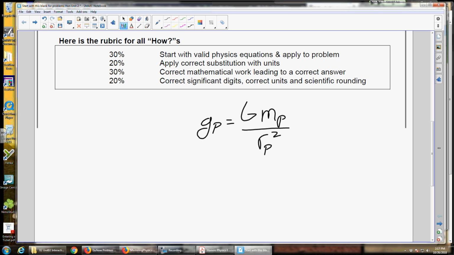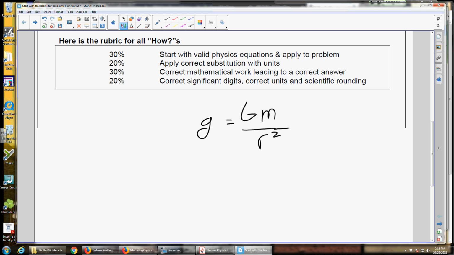And in that problem I put a P on that. We could drop all those P's. Be the same equation. In fact, I'm going to get rid of them just so they don't cause confusion. Those are just to remind you it's a planet. I may even pull them off the equation. We'll see. Alright? That's my valid physics equation.